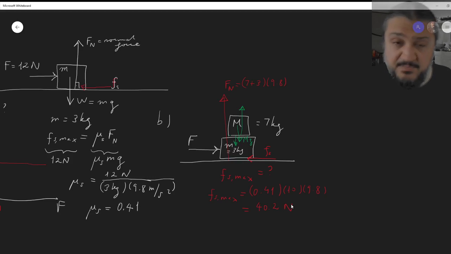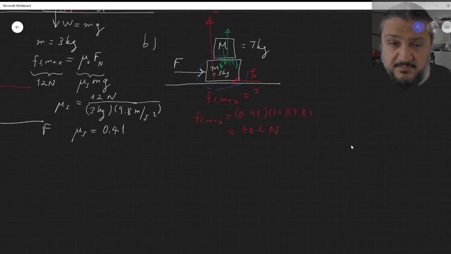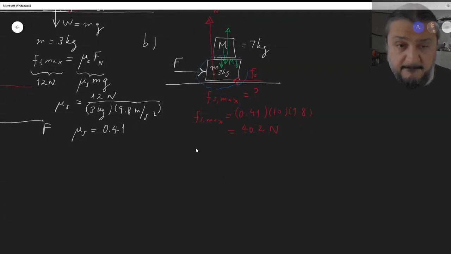Oh, there's another way. Now you can isolate, if you will, the mass on the bottom. You can isolate this and draw a free body diagram for that. Okay, we have its own weight, which is little m times g. We have the normal force, that is the one above, Fn.